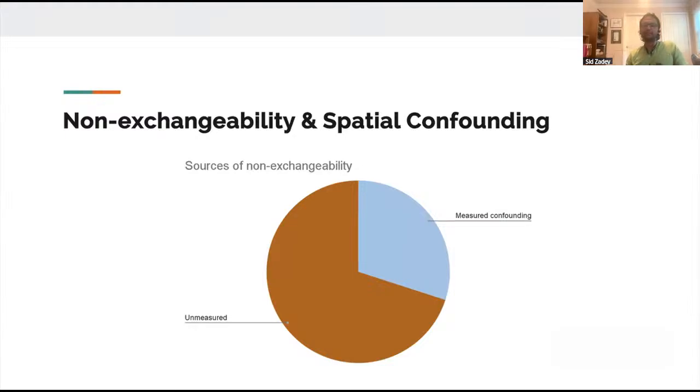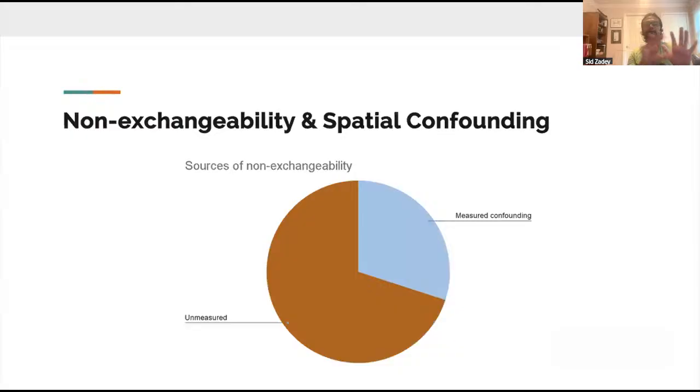If they are not, we need to start thinking about how to make them exchangeable, either by design methods, so by designing our study in a way that they are more comparable, or once we are done with the data collection, at the analysis level.